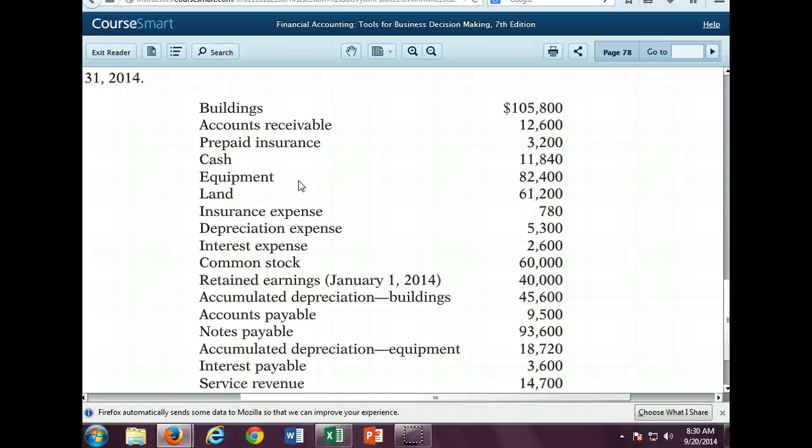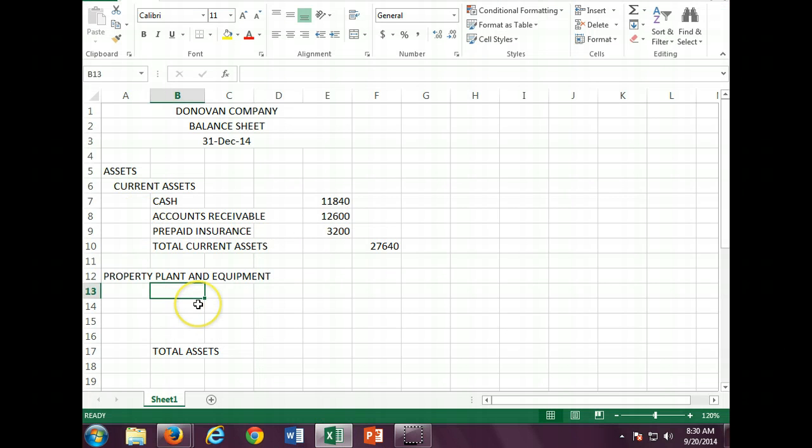So we're going to start by putting in land, and that amount is 61,200. Then we're going to say building, and how much is that? 105,800. And then we're going to say less accumulated depreciation on the building, AD building.